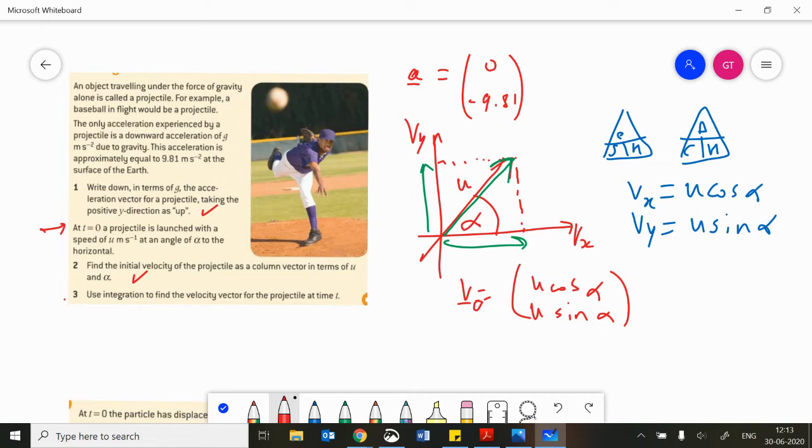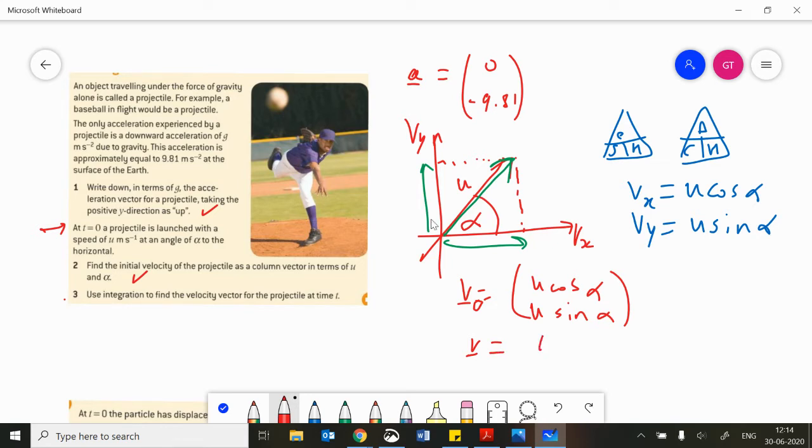There's no acceleration. So the velocity dependent on time, we could just call that v. We don't need the t in there, but that's just noting that t is the variable we're interested in. It is dependent on time.